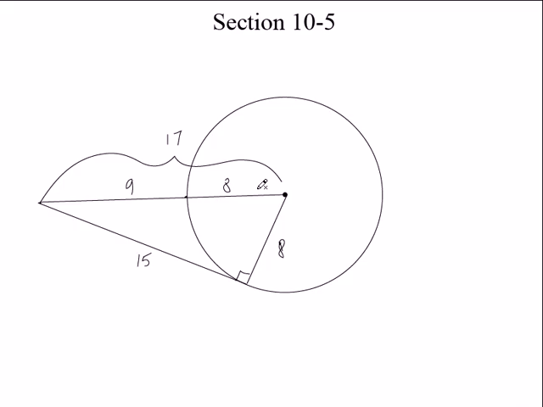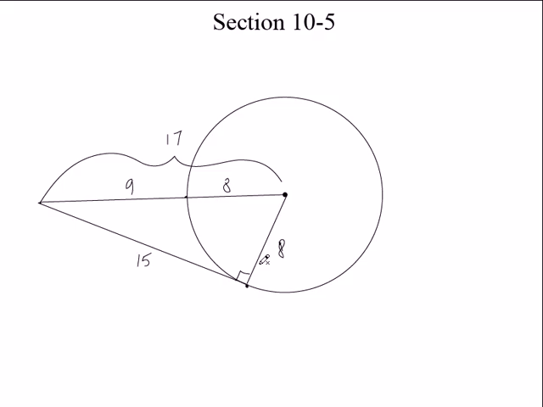Make sense, Daniel? You know what they're doing here? They're not actually asking you to find missing stuff. They're saying determine if this is a tangent to the circle at this point right here.